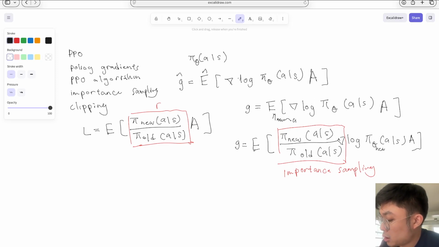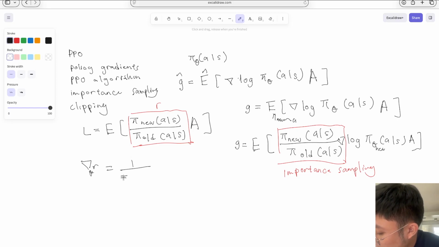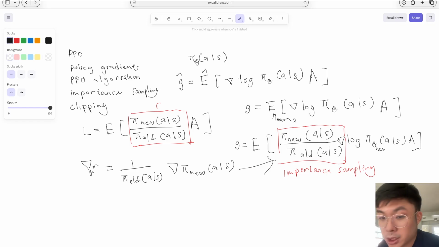Okay, so how do we derive this? Now let's assume we take the derivative of R with respect to the new theta, right? What we have is one over pi old times the gradient of pi new. And how does this translate to this equation? We can actually use the log trick.